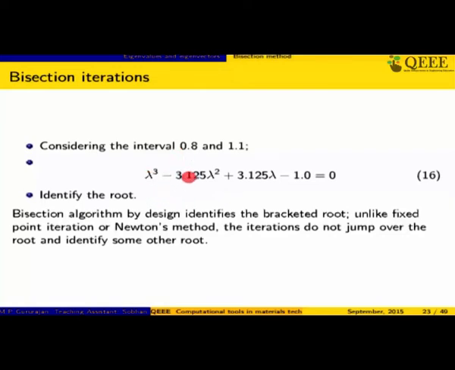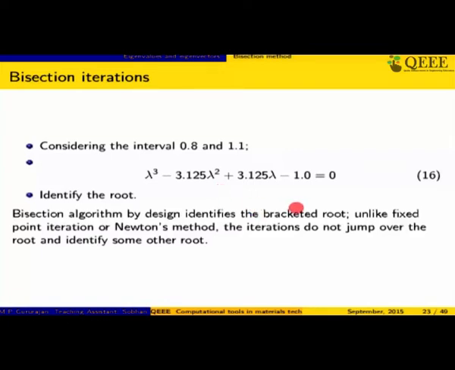All you need to do is put 0.8 here and 1.1 here, and then (1.1 plus 0.8) divided by 2, that is 1.9 divided by 2, which will be 0.94 or something, 0.95. So you find out which two values have the same sign, and the root is bracketed within the other one.